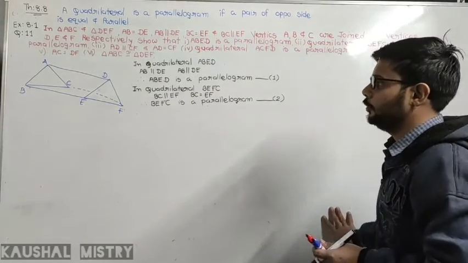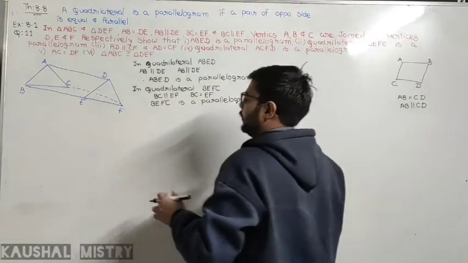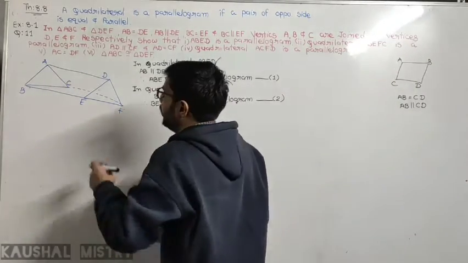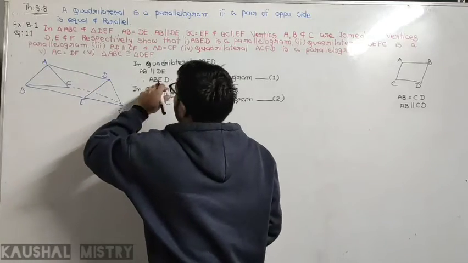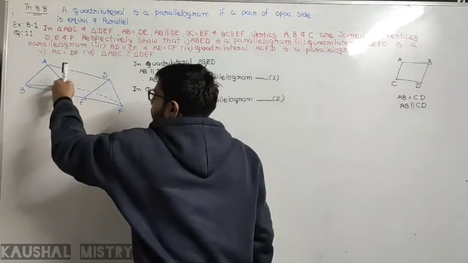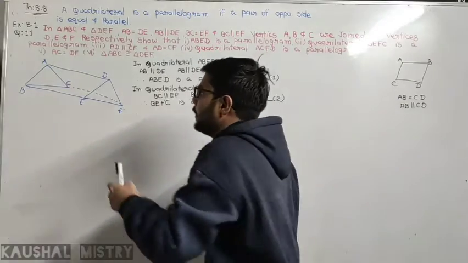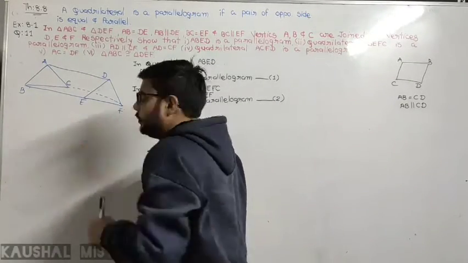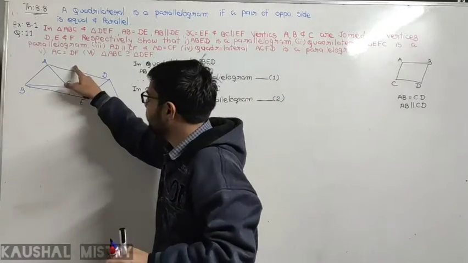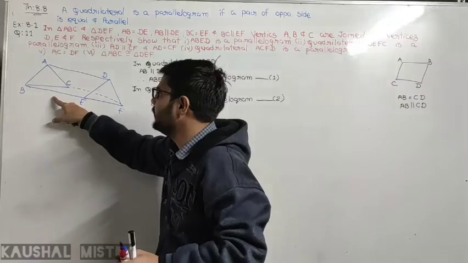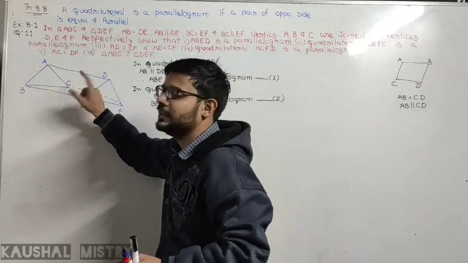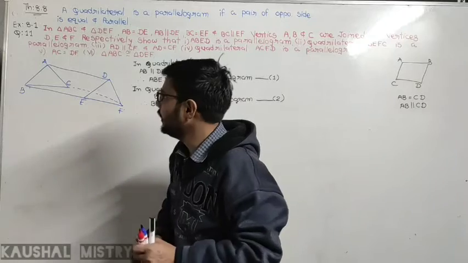Now, AD is parallel to CF. We know that these two sides are parallel because ABED is a parallelogram. That means this is parallel to this. BE is parallel to CF because BEFC is a parallelogram. That means this side is parallel to this side, and this side is parallel to this side. We can definitely write this side is parallel to this side, right?